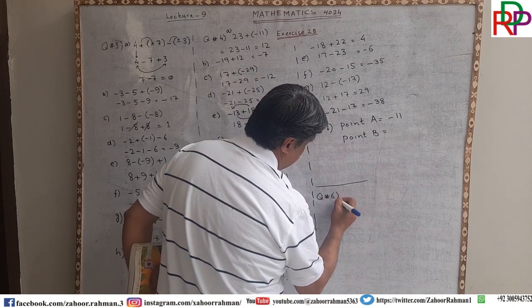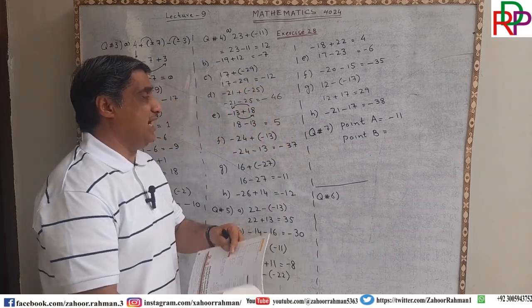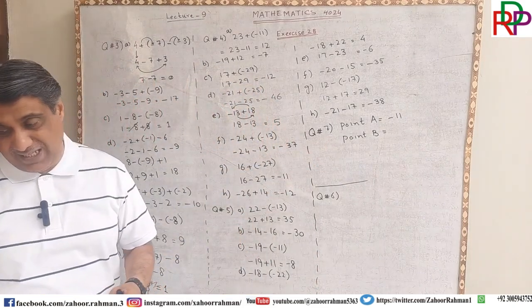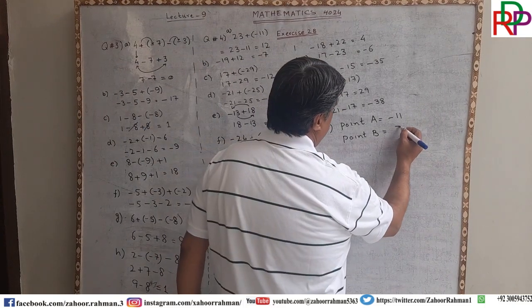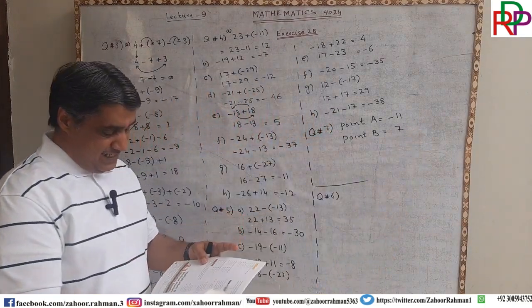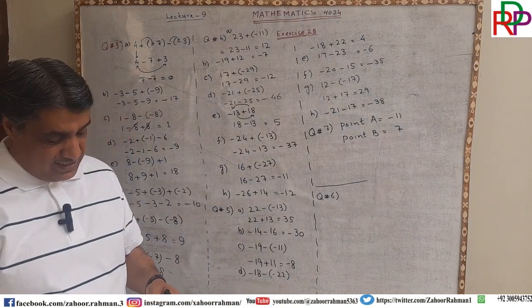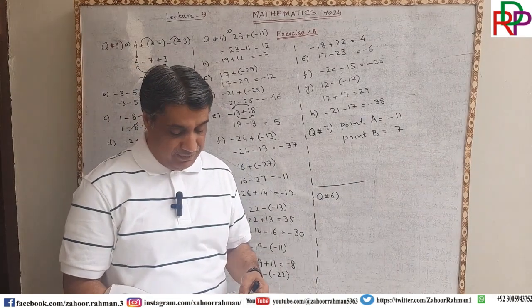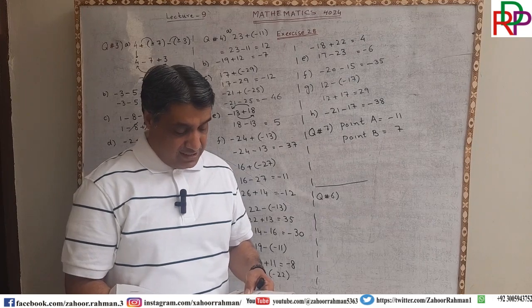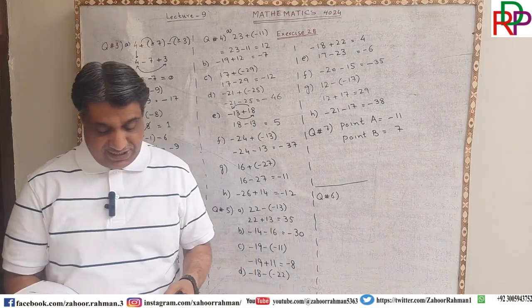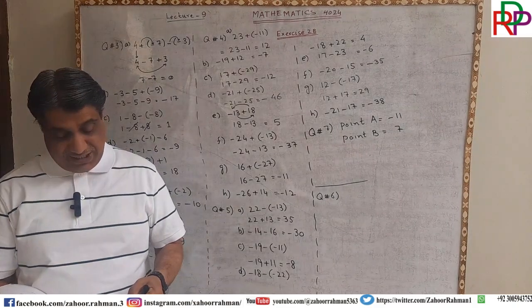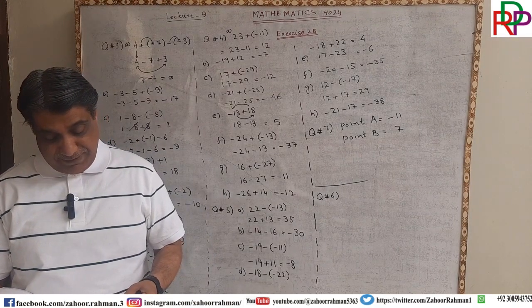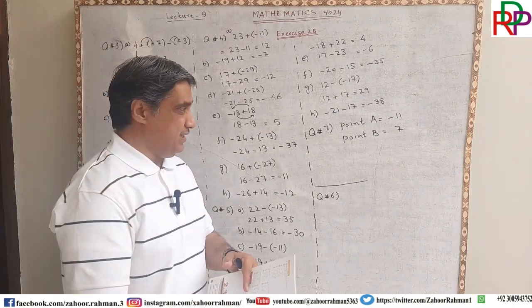So we are completing this question number 7 first. The question is saying that there is a rise in temperature. It says the temperature of a village on a particular night is minus 11 degrees Celsius. The next morning, the temperature rises by 7 degrees Celsius. Find the temperature in the morning.